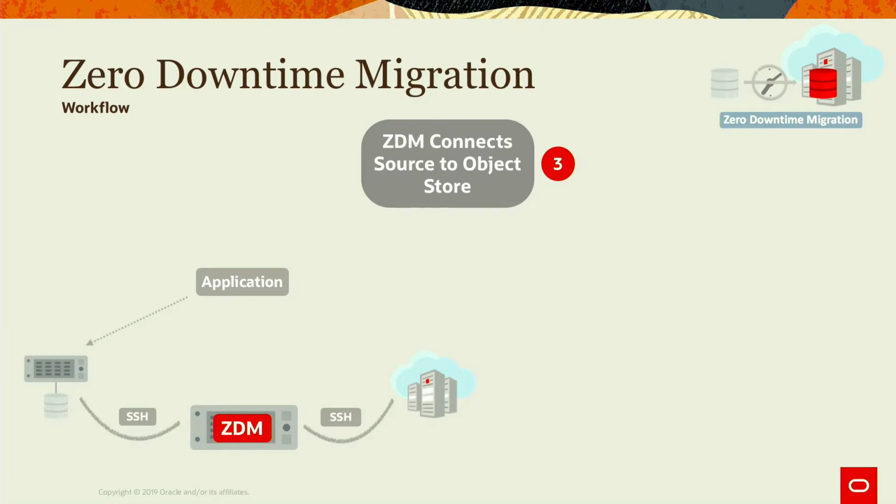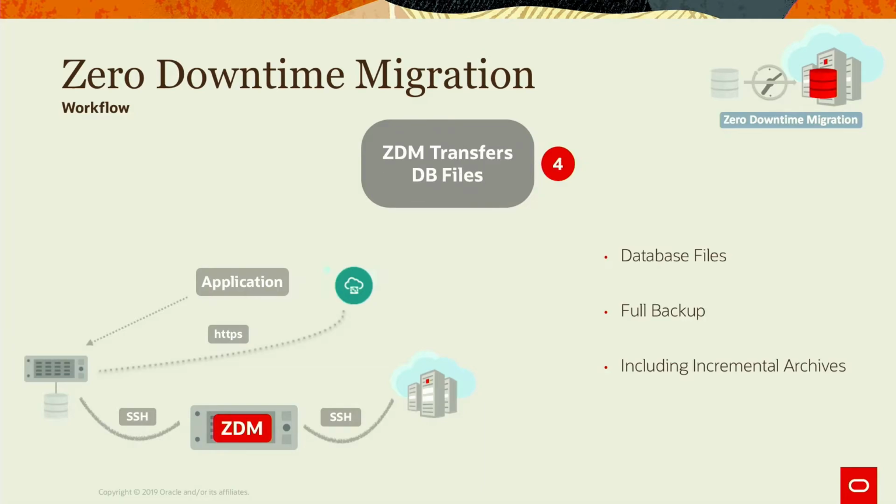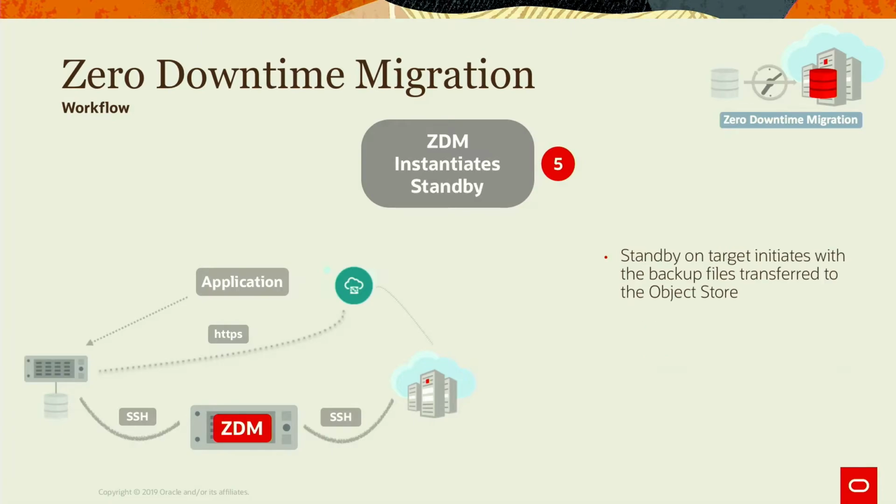So ZDM issues a command so that the source connects to the object store via HTTPS, so it's secure. And then we start transferring database files. This means the full backup, incremental archives, and anything necessary for us to instantiate a standby on the cloud target database.